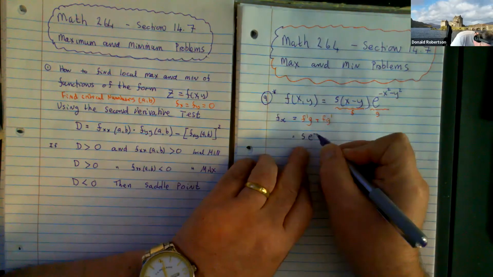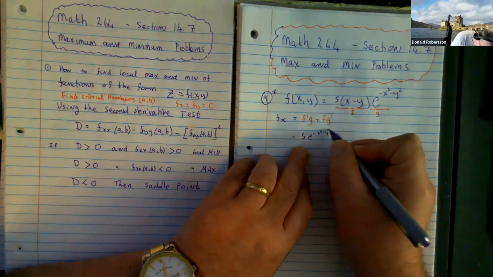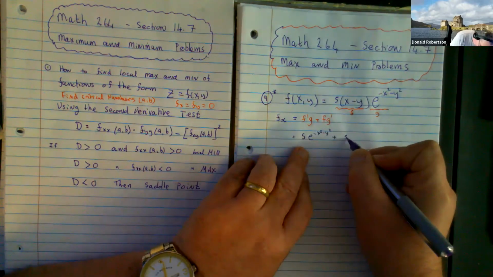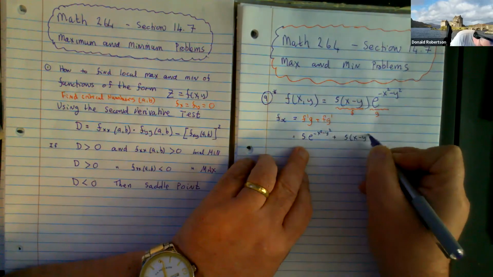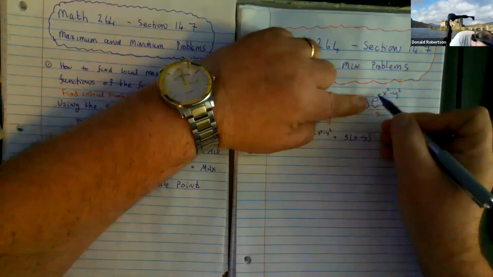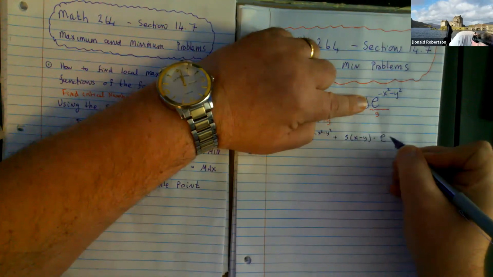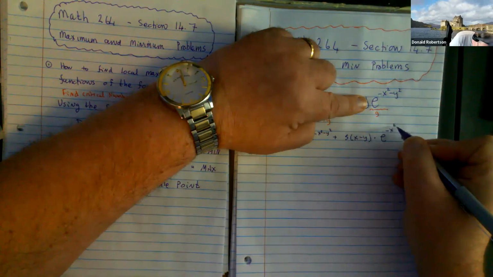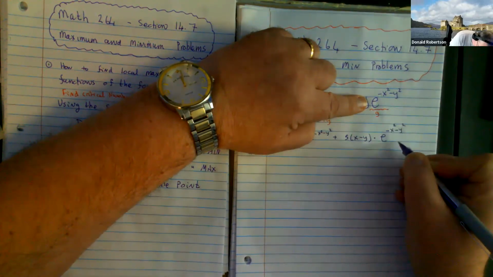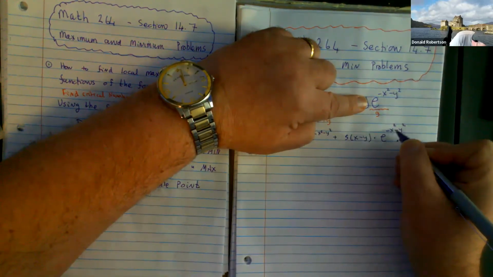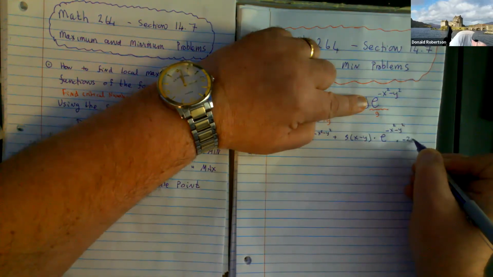And then you leave that guy alone. You leave the first guy alone, and then you differentiate this with respect to x, which is essentially a chain rule. So it's e to the negative x squared minus y squared times the derivative of the inside function, which is negative 2x.